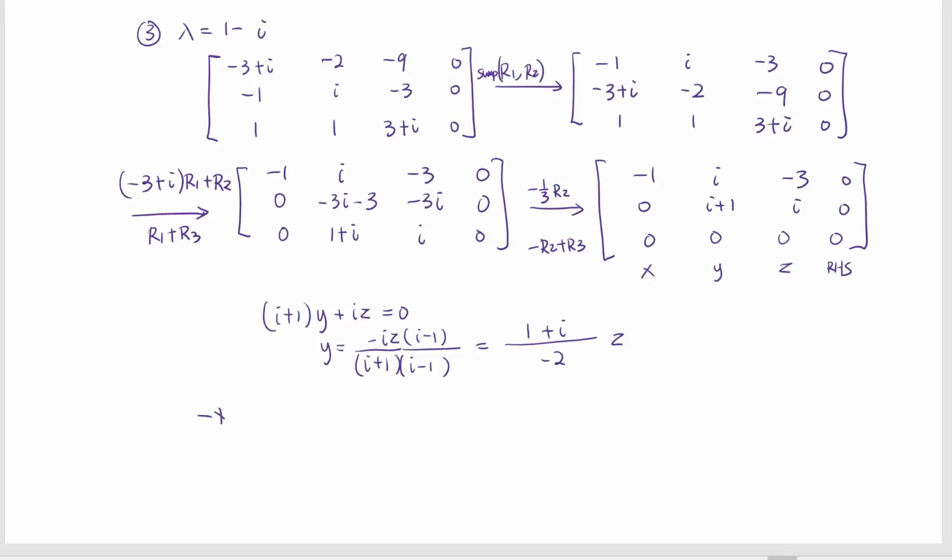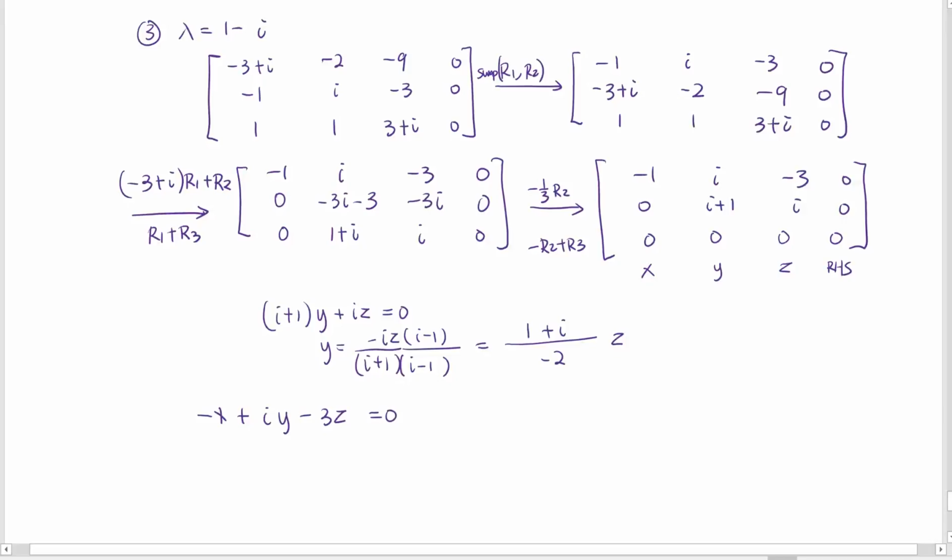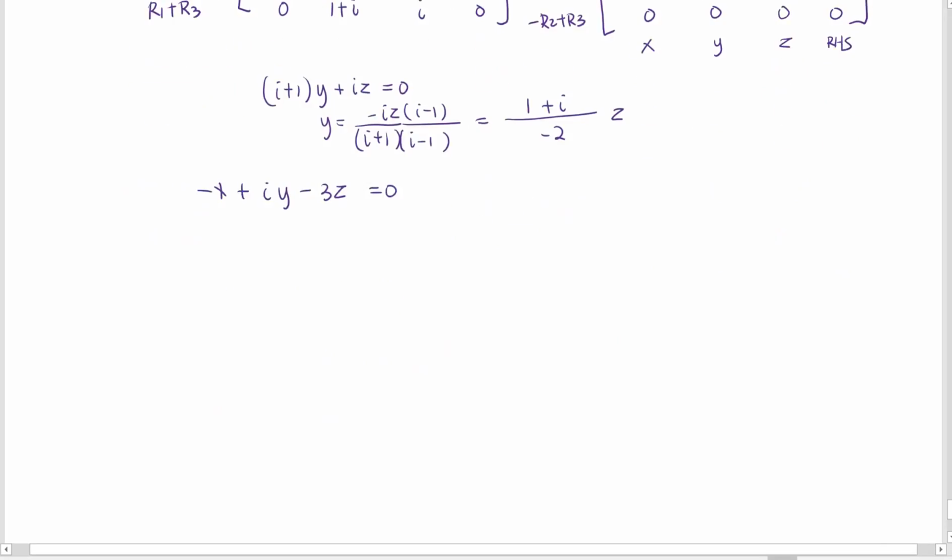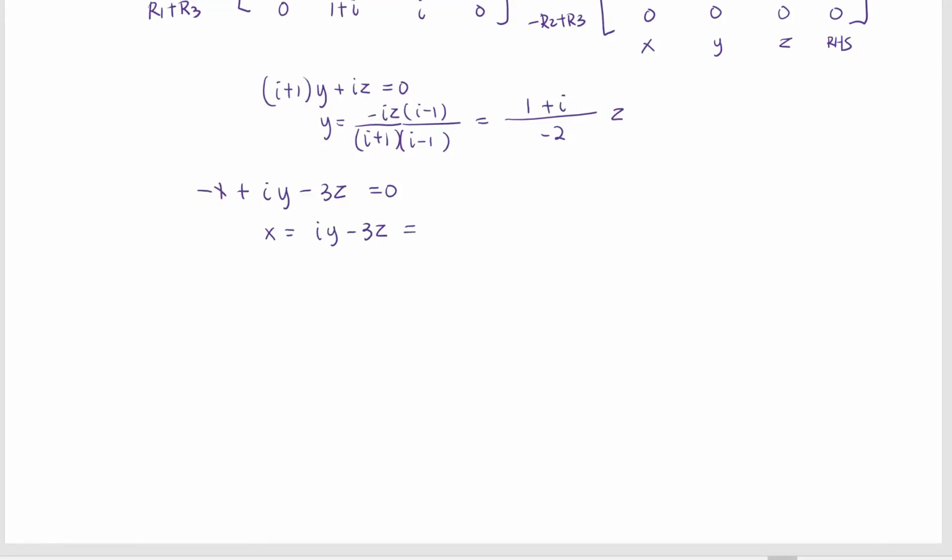So minus x plus iy minus 3z equals 0. Okay, so x is then, move the x to the other side, we get iy minus 3z. So y is 1 plus i over negative 2 z, minus 3z.